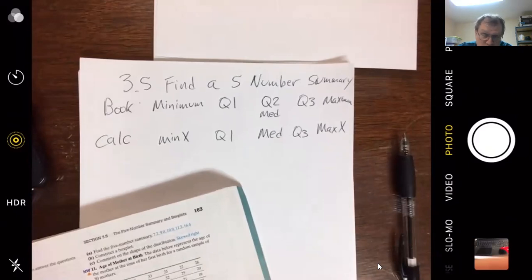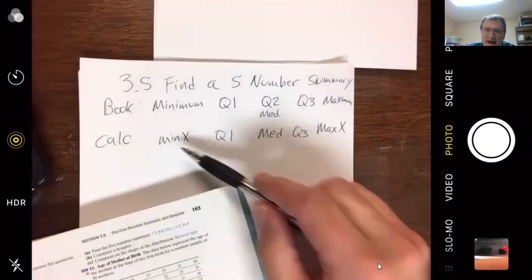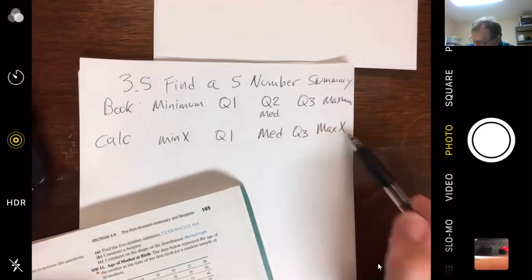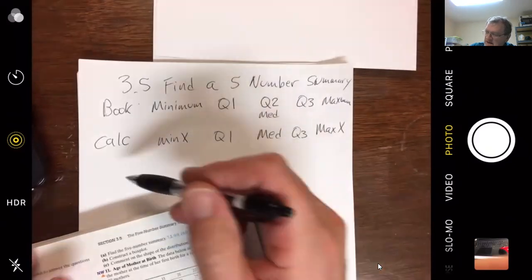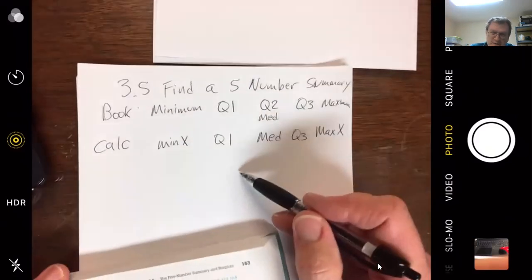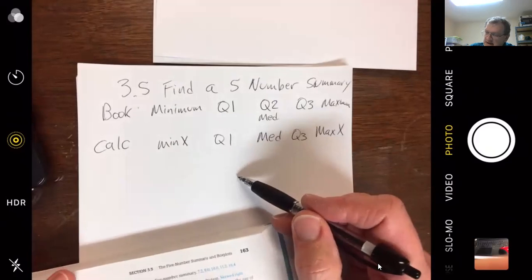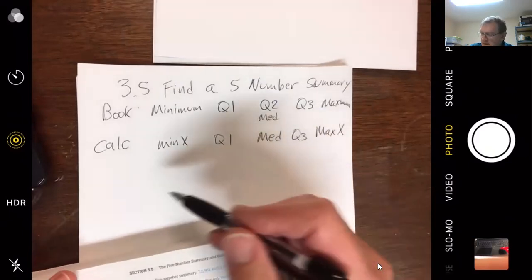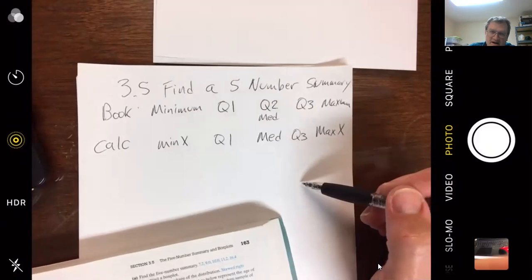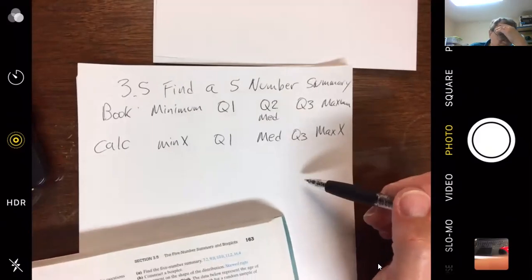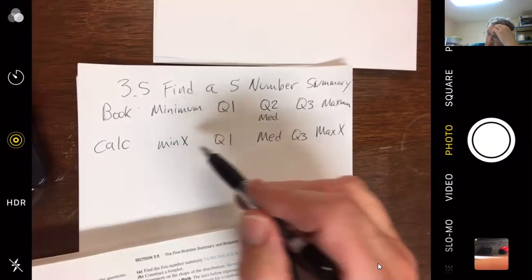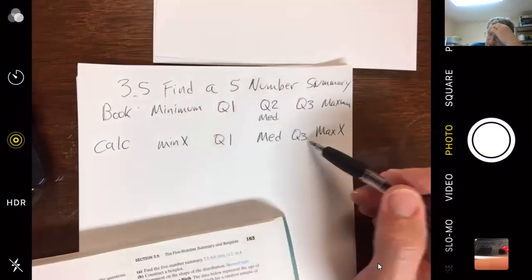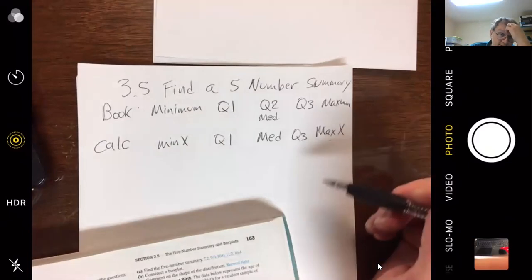You should be able to spot the min and max, the biggest and smallest number. For the median, you line them up least to greatest and find the middle. Then you figure out the middle of the first half and the middle of the last half. That could be more difficult by hand, but otherwise you'd have to figure it out on your calculator or do it by hand.